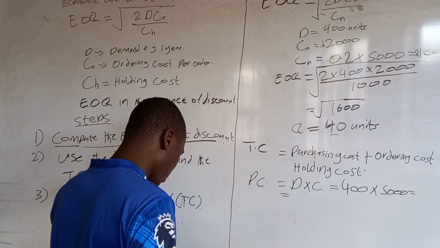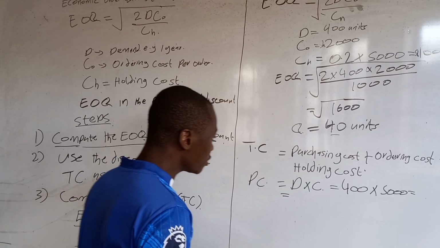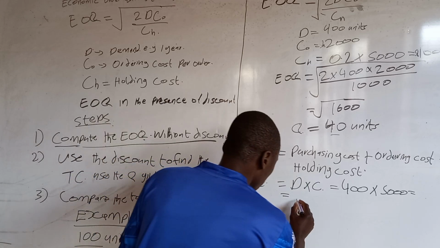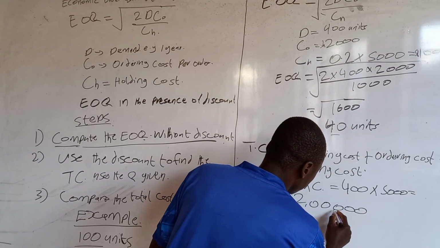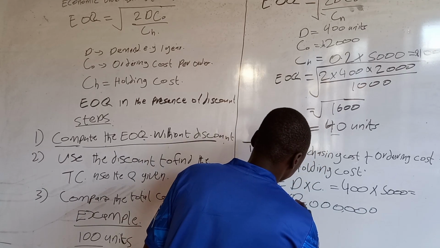That is 400 times 5,000, that is around 2 million shillings.